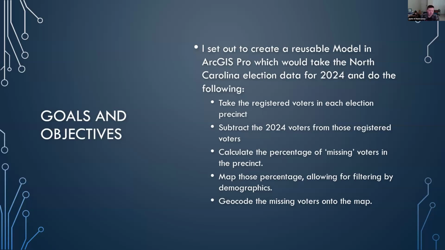So if I had 1,000 registered voters in a precinct and 100 of them didn't vote, it would say that 10% of the voters were missing. I map those percentages and allow for filtering by demographics, and then I geocode the voters onto the map.